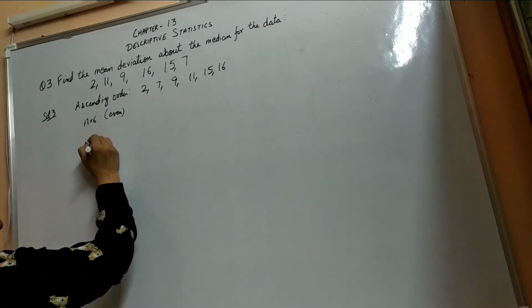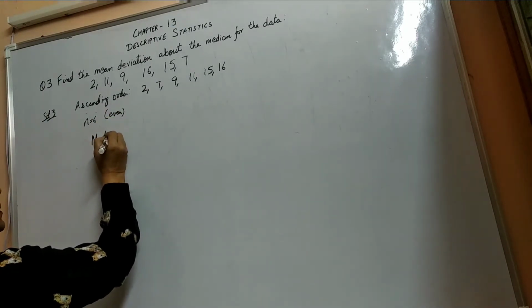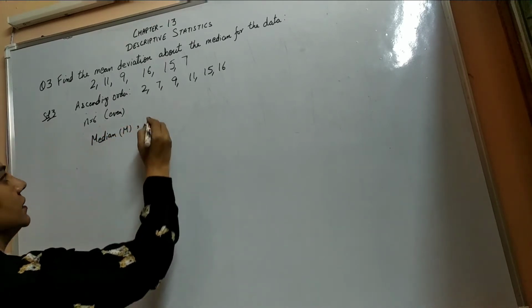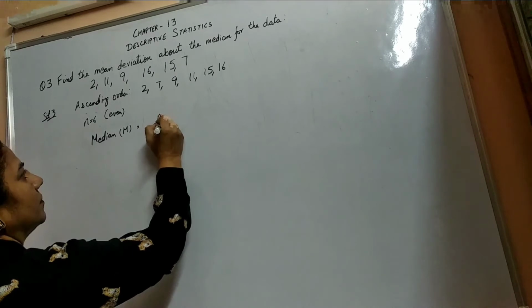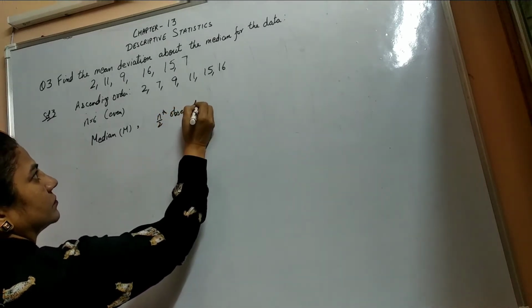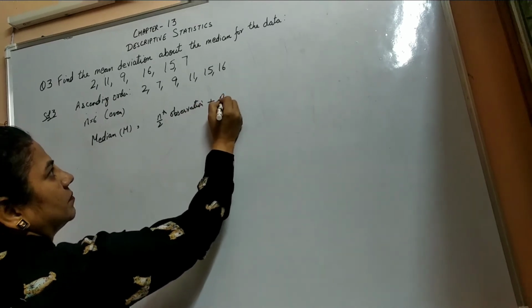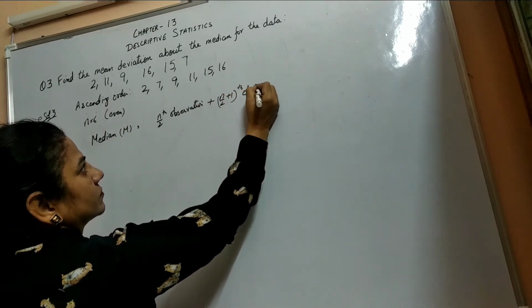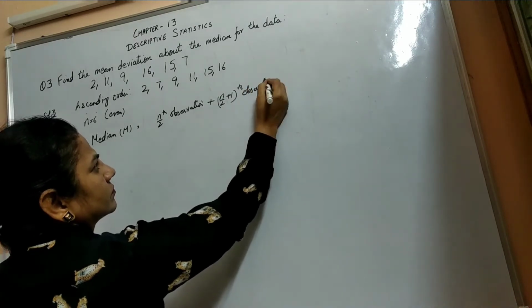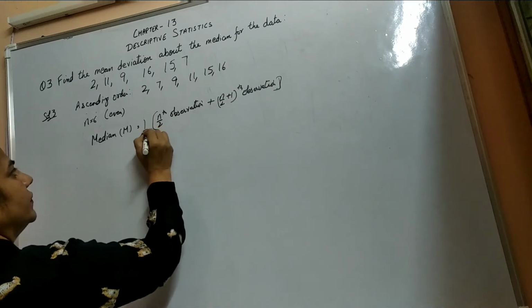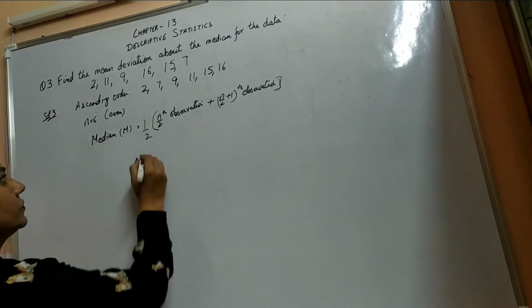Then the median M will be the N by 2th observation plus the N by 2 plus 1th observation, whole divided by 2.